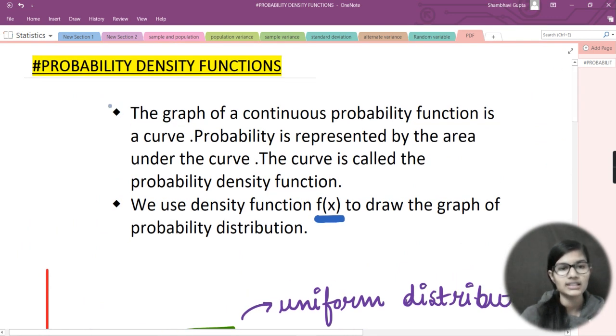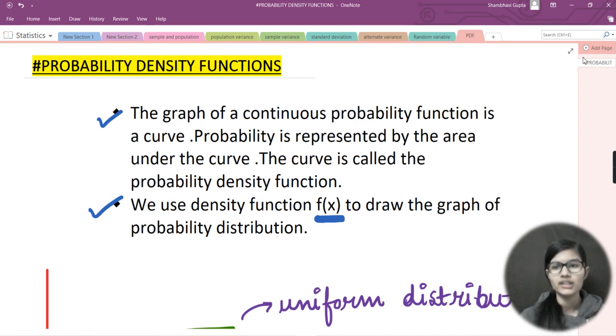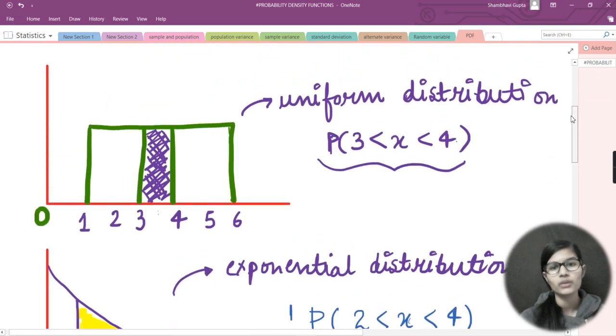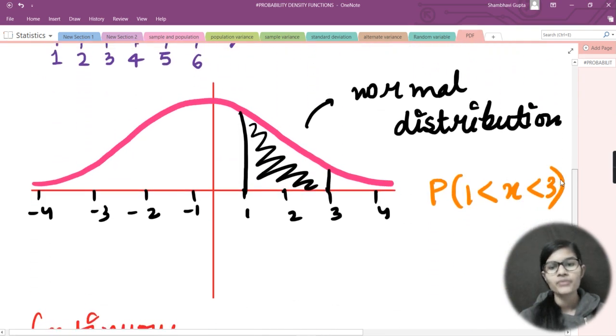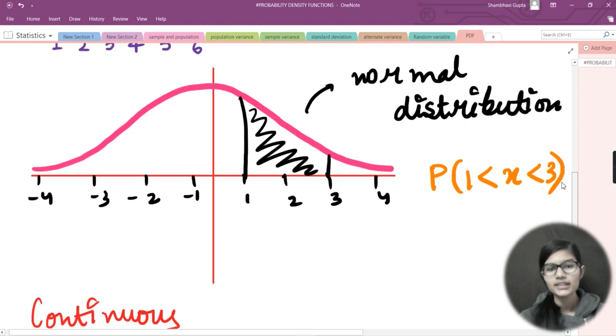Let's revise the definitions we have read: the graph of a continuous probability function is a curve. Probability is represented by the area under the curve. The curve is also called a probability density function. Secondly, we use the density function fx to draw the graph of probability distribution. I also told you about the 3 different distributions, uniform, exponential and normal, and how to write the probability if you want to find the area.